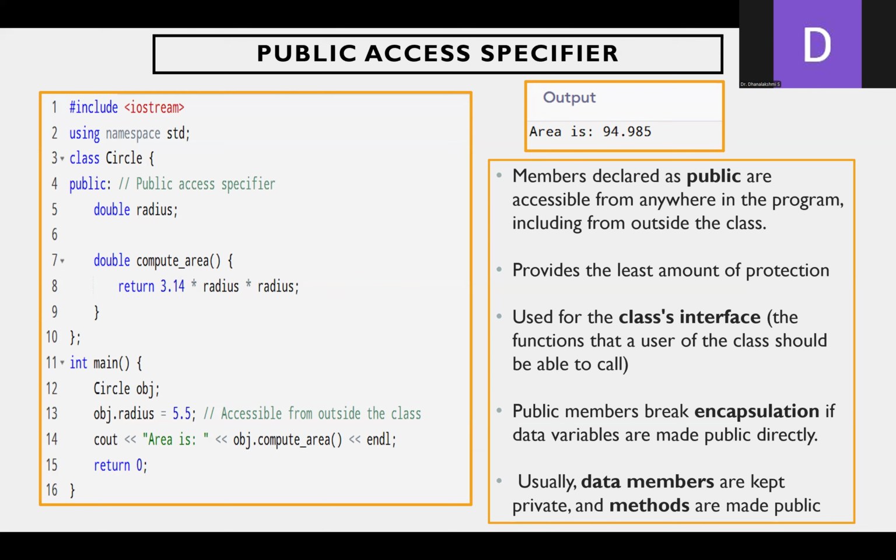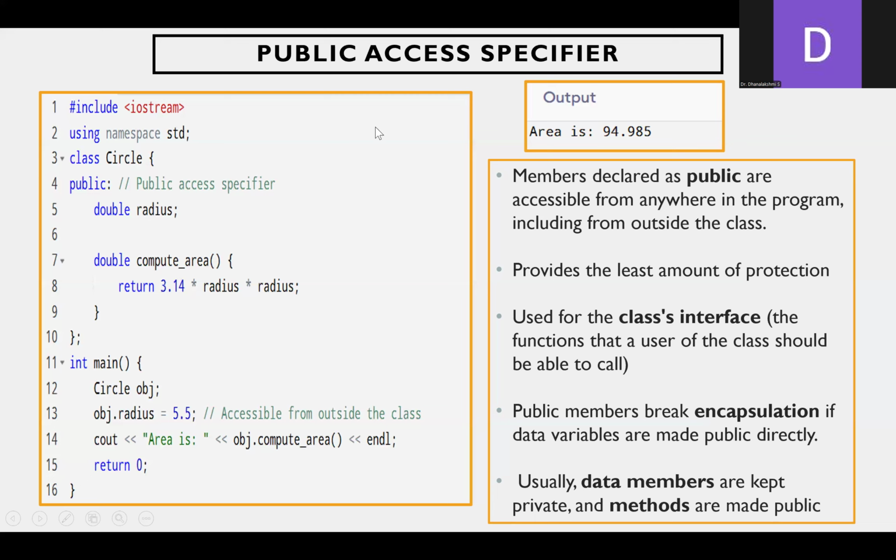So public members have the widest level of accessibility. They are generally used to define the interface of the class, meaning the set of functions that other parts of the program can call. However, making data members public breaks the principle of encapsulation because anyone can modify those variables directly, which could lead to data corruption or misuse.